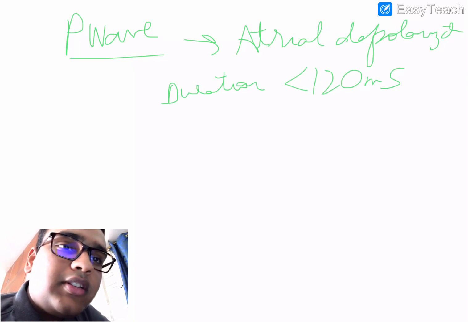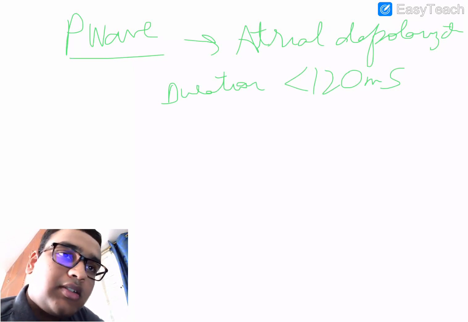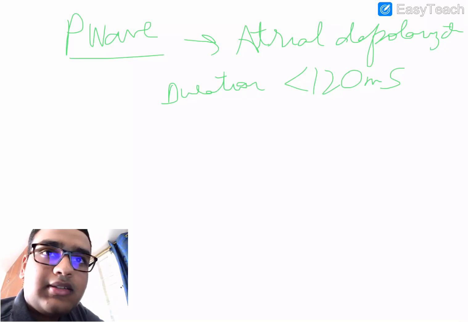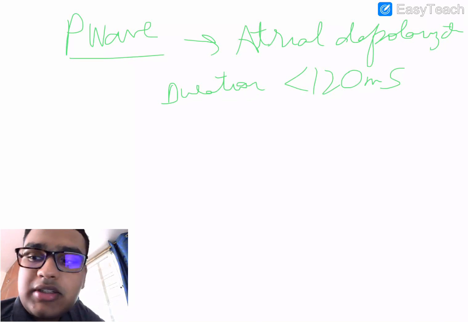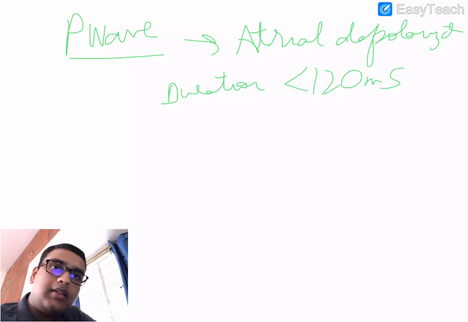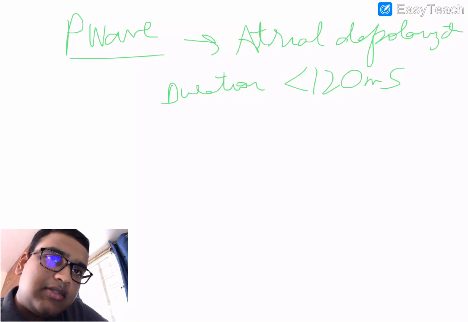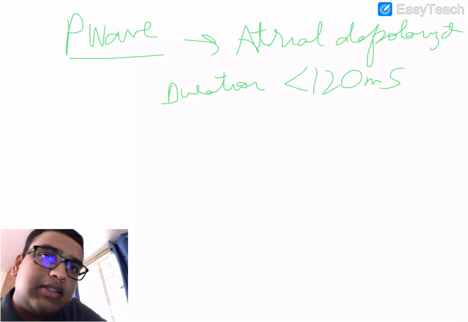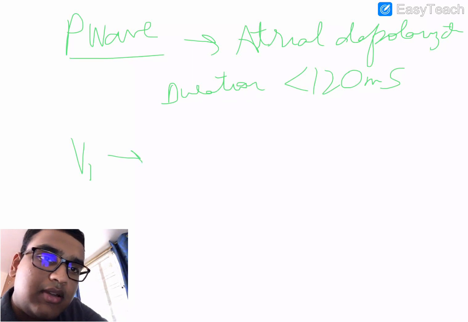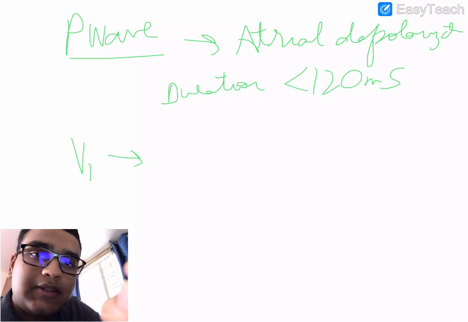This P wave can have different morphologies based on different abnormalities of the atrium. What you have to remember right now is that the P wave indicates atrial depolarization. And one important point you have to remember is in V1, that is chest lead 1, so these are also MCQ points.